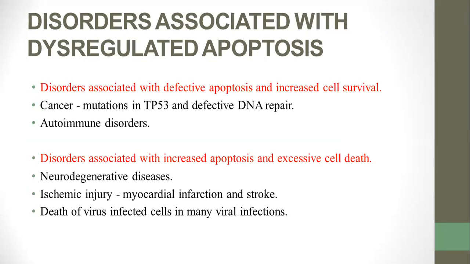These are some of the disorders that are associated with defective apoptosis and therefore increased cell survival. These include cancer and autoimmune disorders. Disorders associated with increased cell death are neurodegenerative diseases, ischemic injuries like myocardial infarction and stroke, and viral infections.